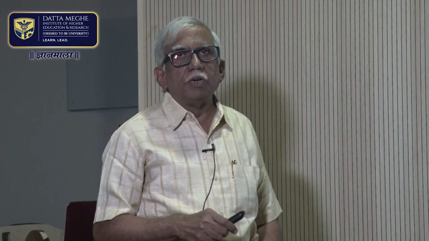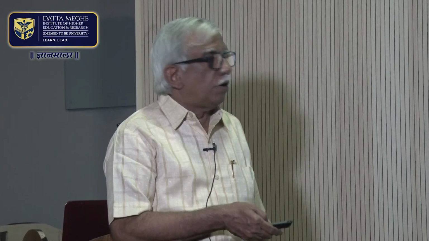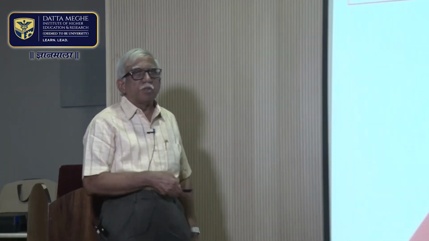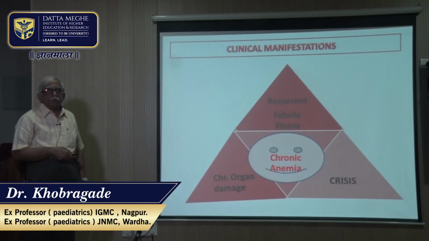Now, what are the clinical manifestations? How do they manifest? The most common is a patient otherwise doing well, except that he has chronic anemia, which is present here at the center. Then you have recurrent febrile illnesses because of infections, either bacterial or viral, then they have a crisis. Crisis is nothing but a precipitation of signs and symptoms in a short period of time.